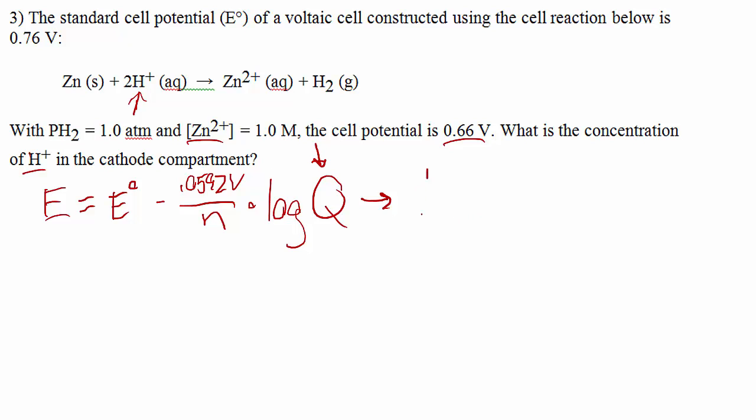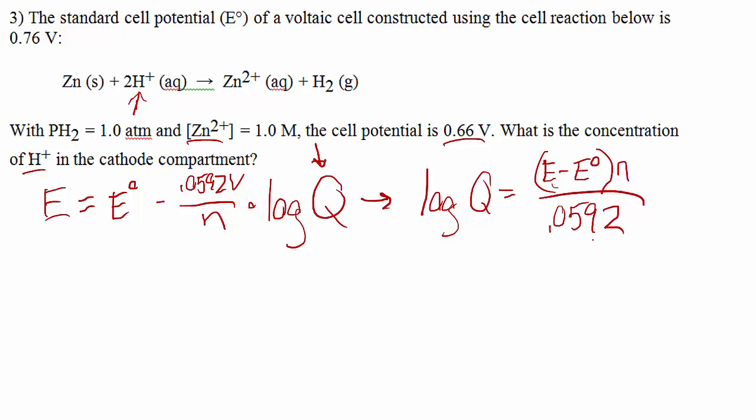So we get log of Q equals the E minus E naught times N all over 0.0592. Let's plug some numbers in. To get Q by itself, it's going to have to be 10 to that expression.